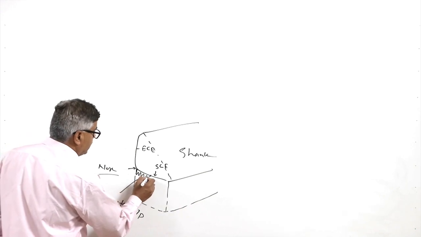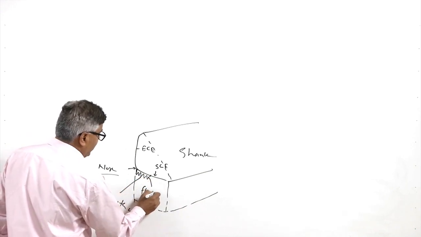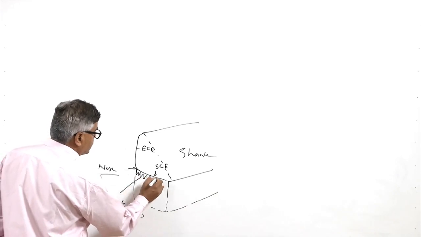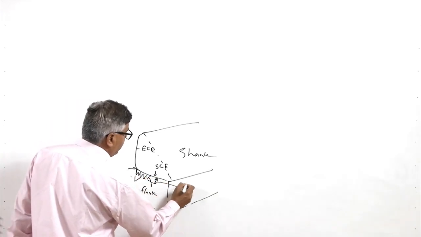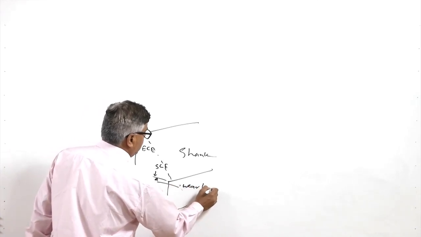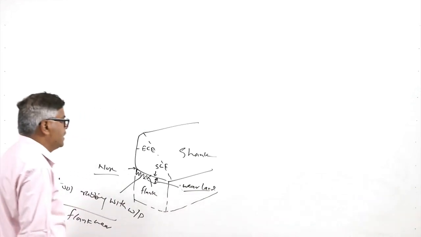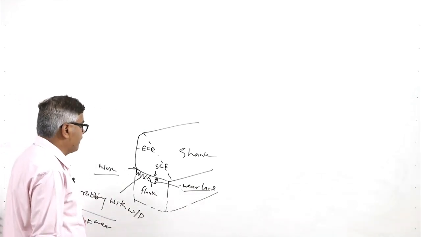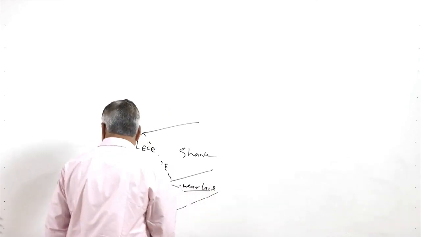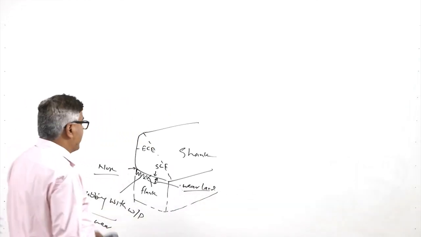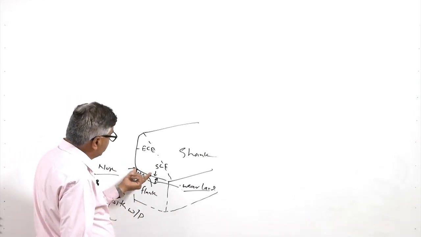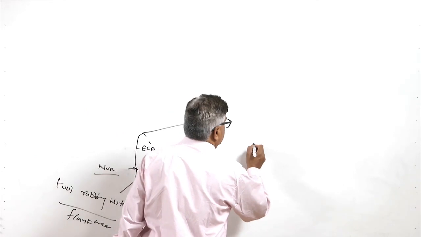This is the region of the flank, and the band which is subjected to the wear is called the wear land. This is the way it characterizes the flank wear, and the width of the land is used as a measure of the flank wear. When the chips, so this is the edge which will be interacting with the workpiece like this.